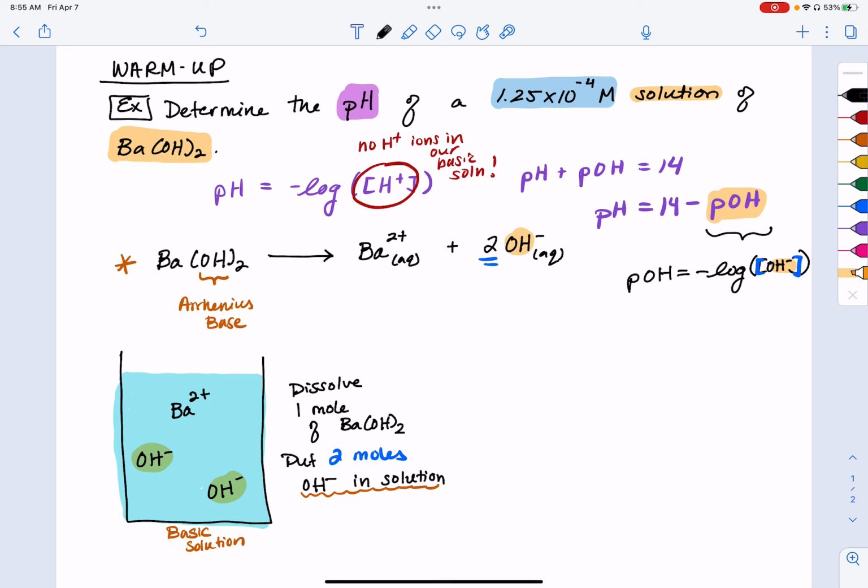So this means we need to figure out the concentration of hydroxide particles in solution.